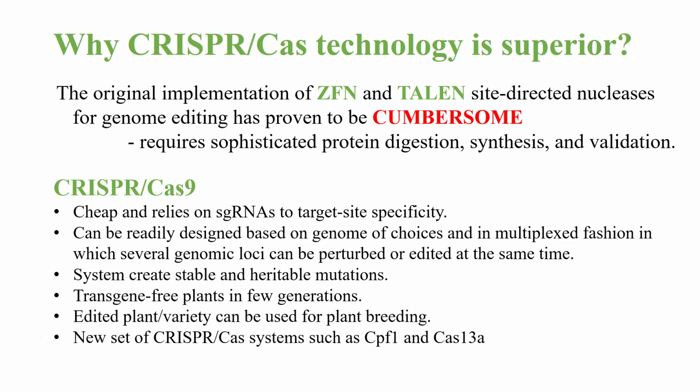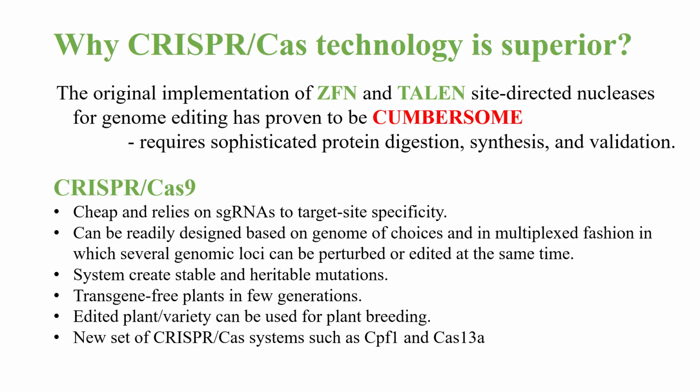That means you can edit several genes or several places in the DNA at a time, just by designing several guide RNAs targeting the specific gene sequences. That means you can do multiplex genome editing.